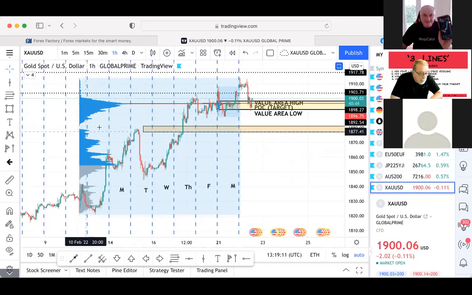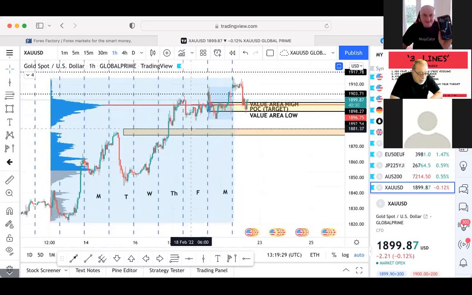And I've marked this area here because this is something that Paul would call imbalance. In that area, it's all been buys. There's a green candle there, and there are no sellers in that area.